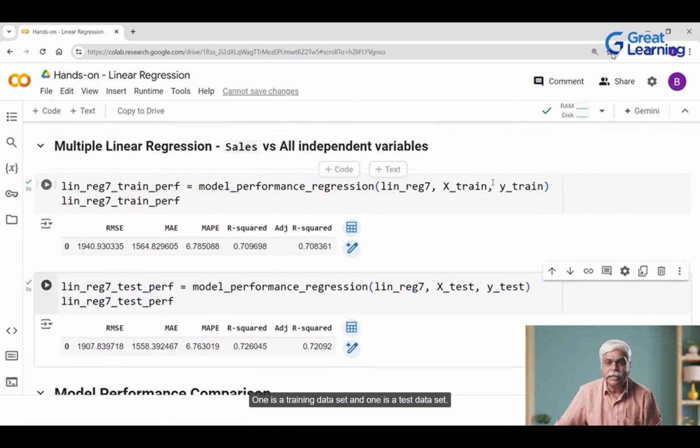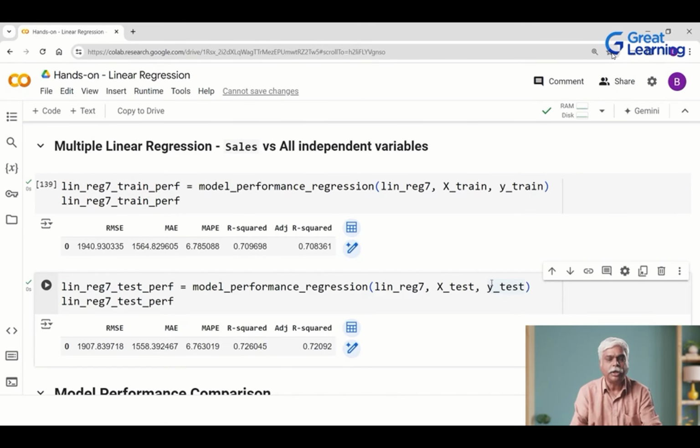One is a training data set and one is a test data set. Good performance on the test data set implies that the model is going to work well on unseen data, data that it has not been trained on and data that it will see later when it is in a runtime environment.